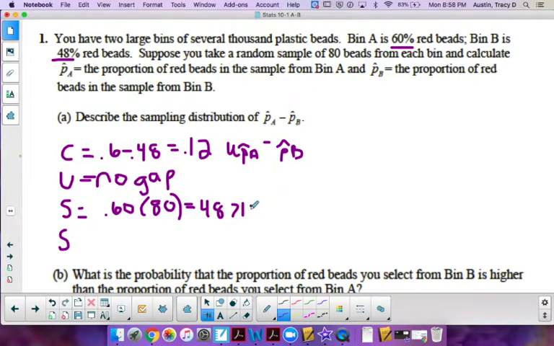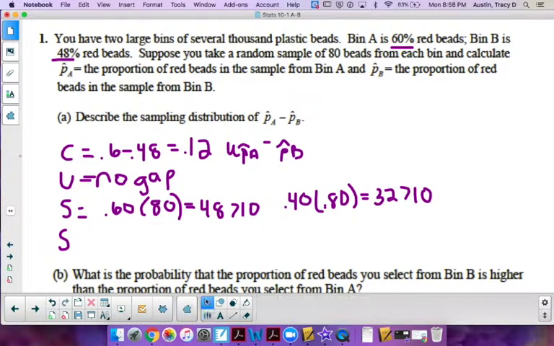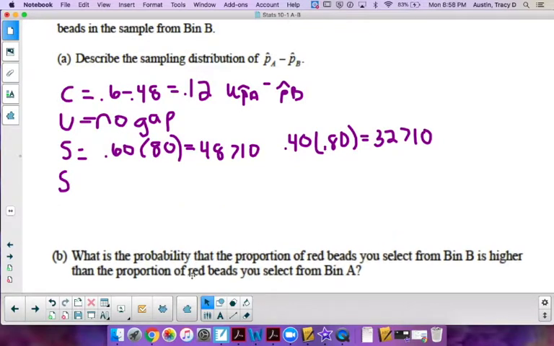That's our successes. And then 40% of 80 should also be bigger than 10. So 40% of 80, and that should equal 32, and that's definitely bigger than 10. Okay, we could probably use some more room in here, so I'm going to slide that one down.